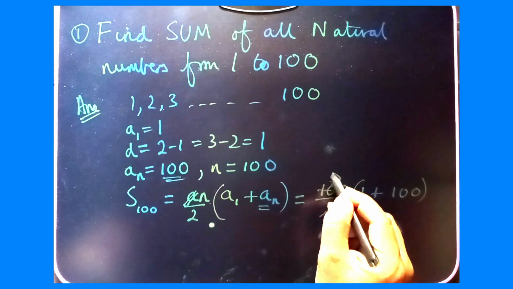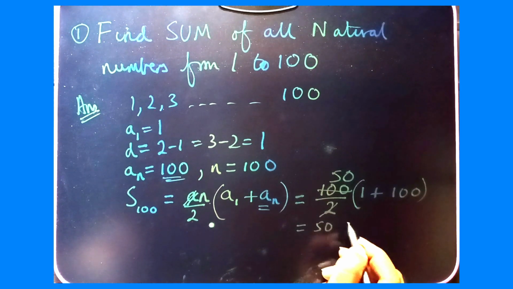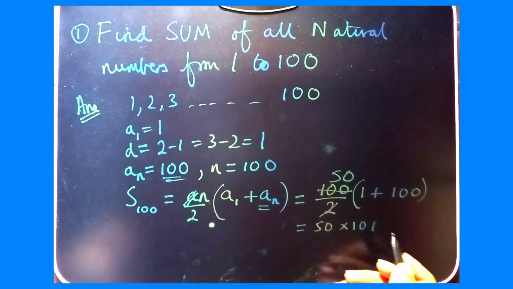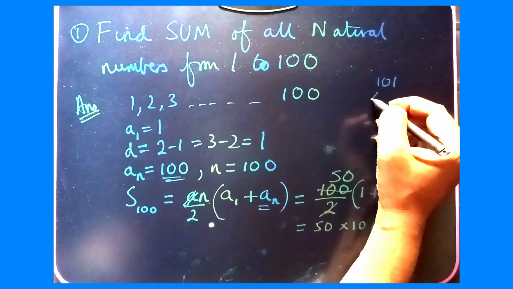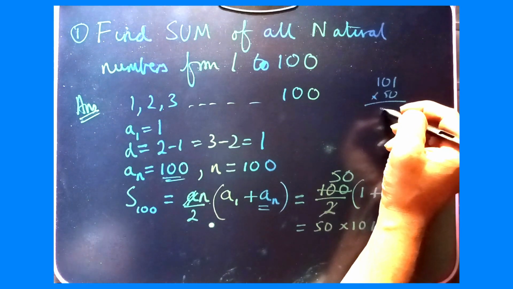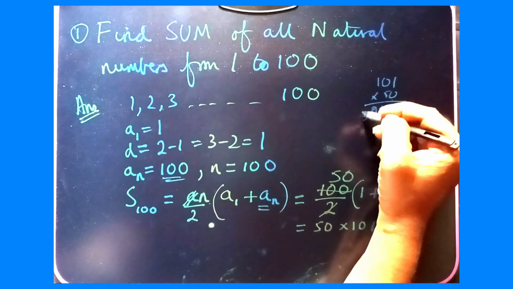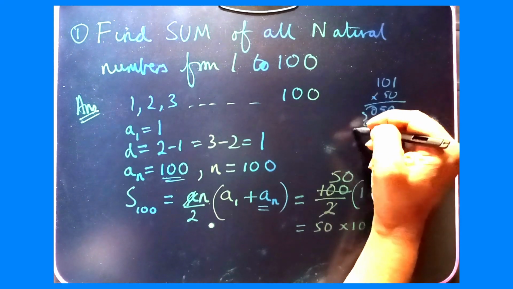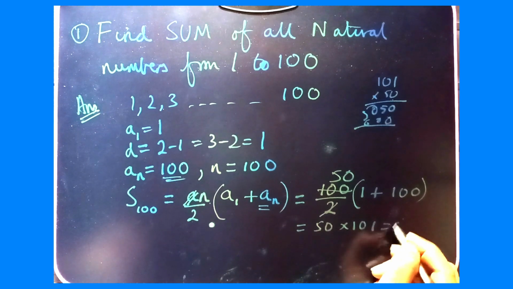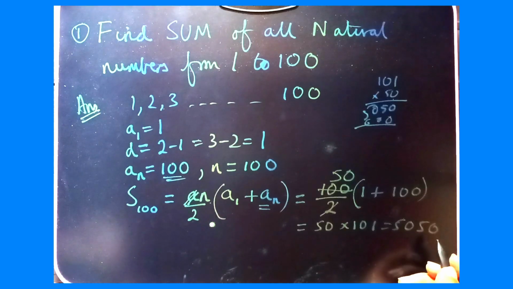So this is 50 and this becomes 101. 50 into 101, we will get 5050.